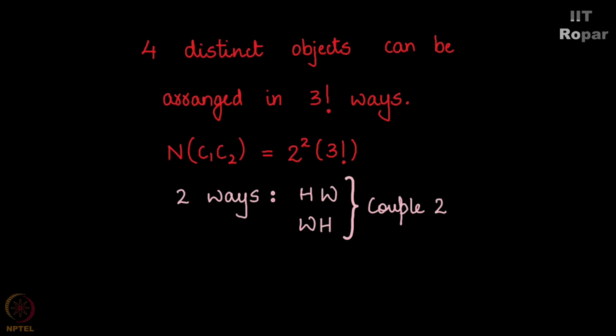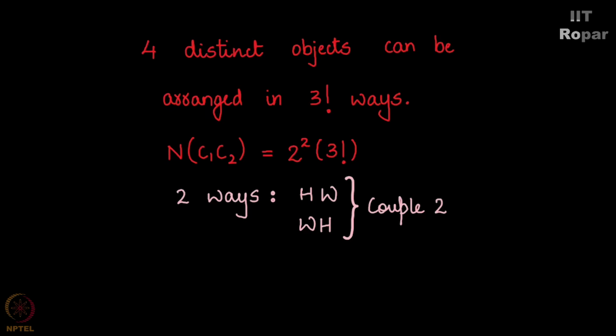You can probably enumerate the different possibilities and check it yourself. HWWH, the 2 couples can sit like this, or HWHW, they can sit like this. WHWH, this is one possibility, and WHHW, this is another possibility.